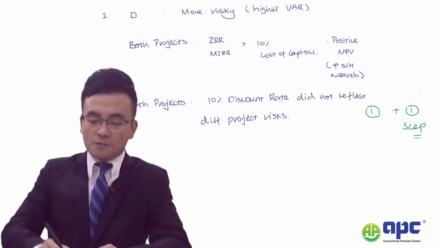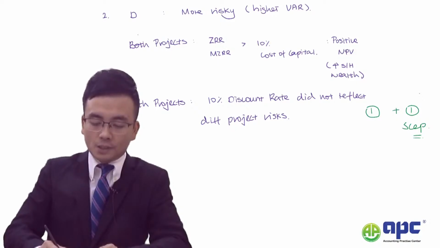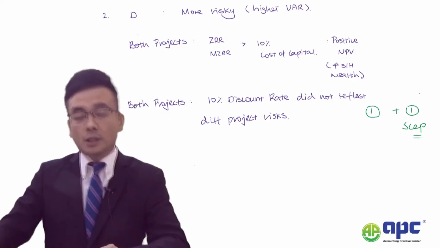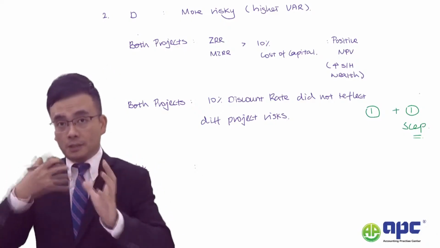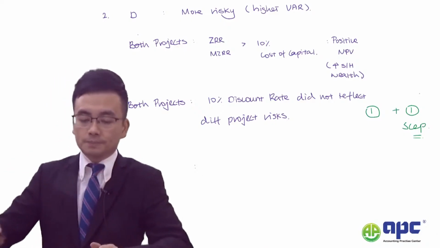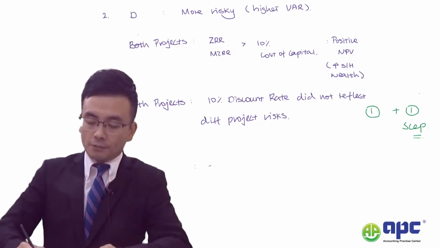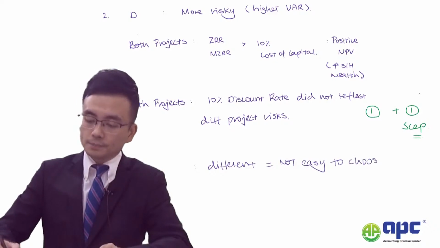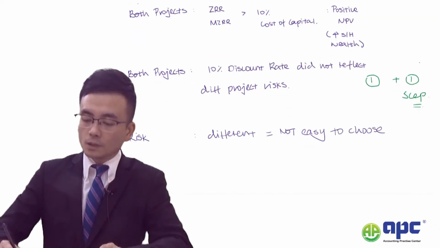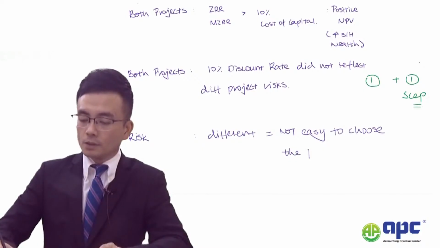So for example, if you were to consider risk in the investment appraisal, because they've got different project risks, it's quite different, which means it's not easy to choose which project to go ahead with.